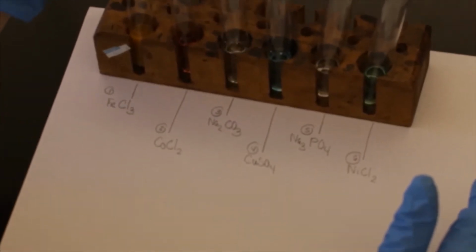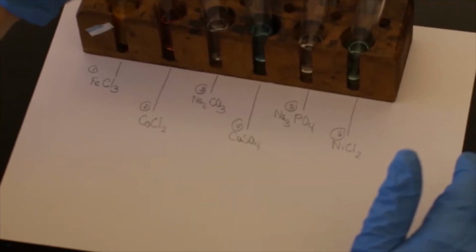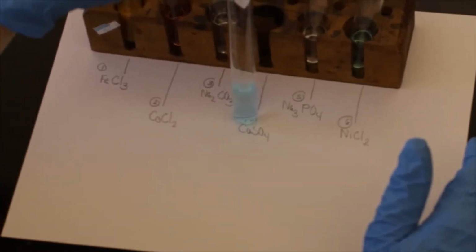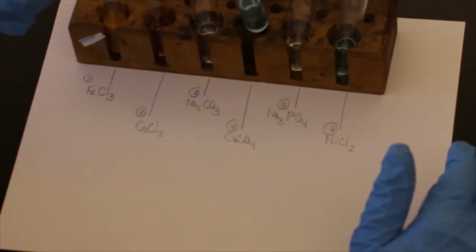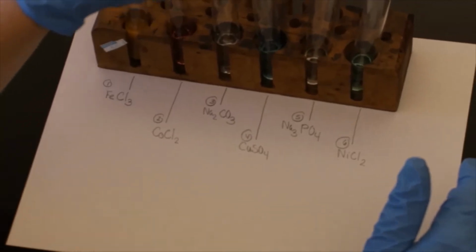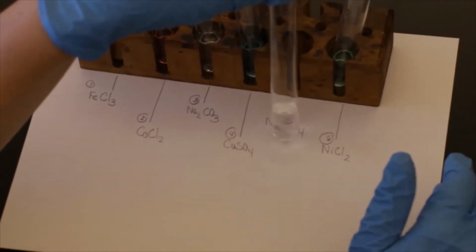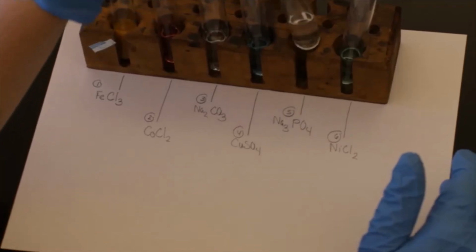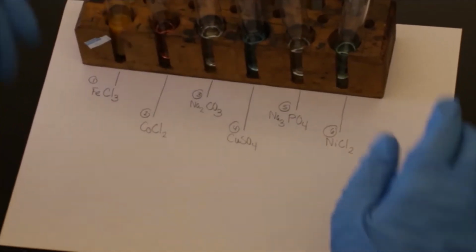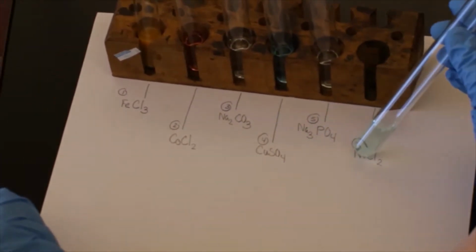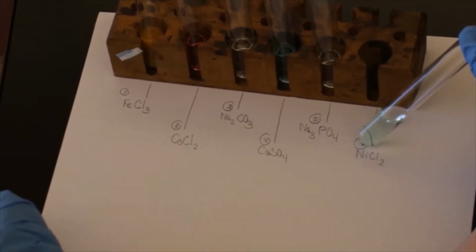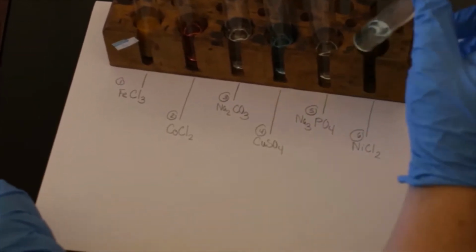And then solution 4 is CuSO4, and the copper gives it a nice light blue color. Solution 5 is Na3PO4. That's a clear solution to start with. And solution 6 is nickel chloride, and that has a light green tint to it. Very, very light green, NiCl2.